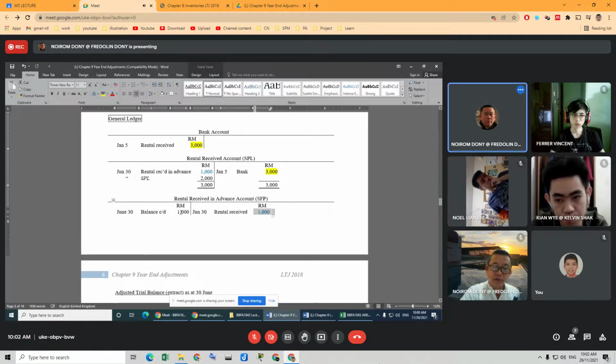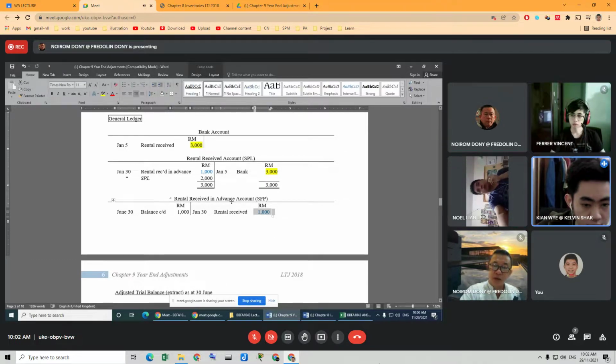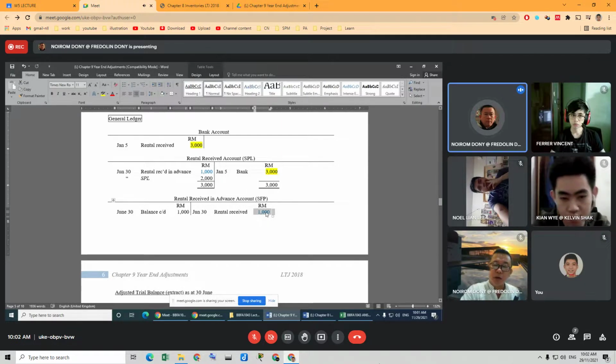Now, Noel, what balance is this? Debit balance or credit balance? Rental received in advance. Credit. Yes, credit balance. Very good. Credit balance, huh? So because credit is more than the debit side, 1,000. So credit balance. So CD and then BD will be the opposite.